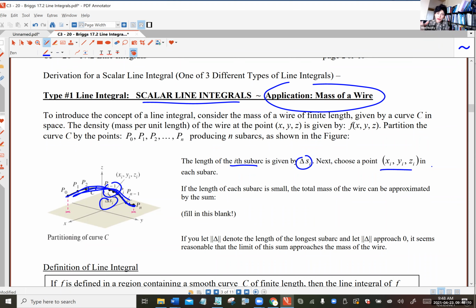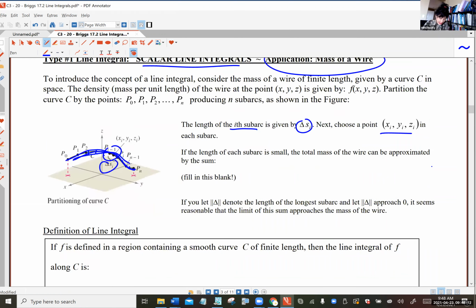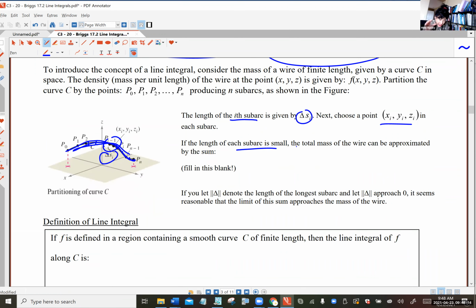If you pick an arbitrary point, x sub i, y sub i, z sub i in each subarc, and if the length of each subarc is super small, you can approximate the entire mass of your wire by taking the density function on that wire and multiplying it by a little piece of arc length, and then adding up all n subarcs.